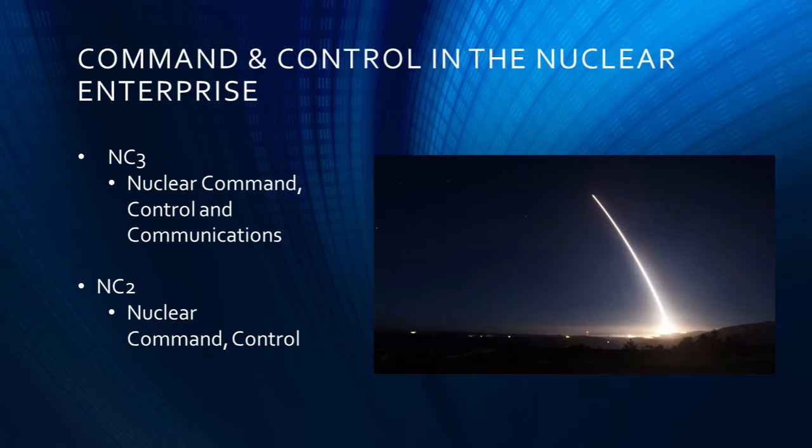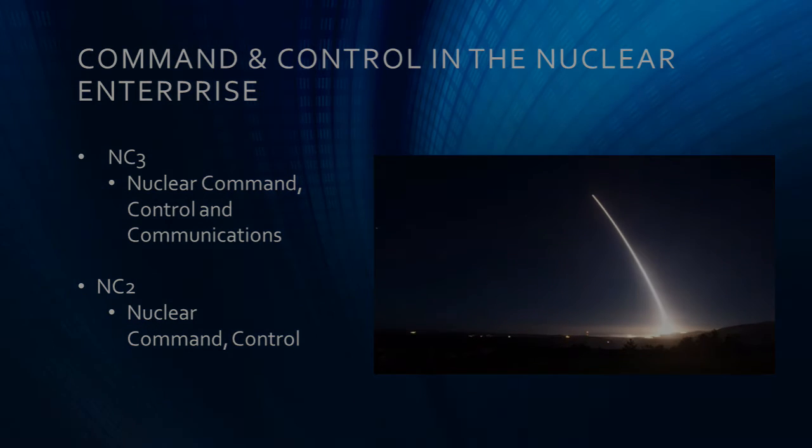The fundamental requirements of NC2 are that it must be assured, timely, secure, survivable, and enduring in providing the information and communications to the President to make and communicate critical decisions throughout the crisis spectrum.